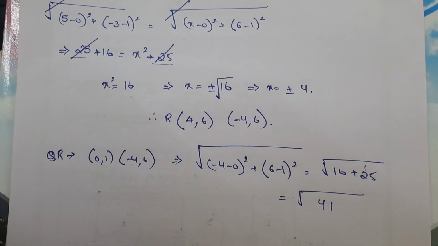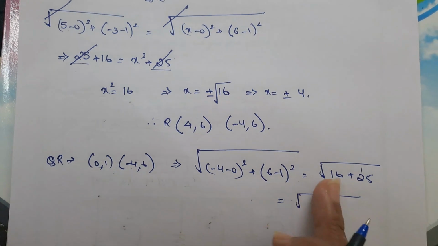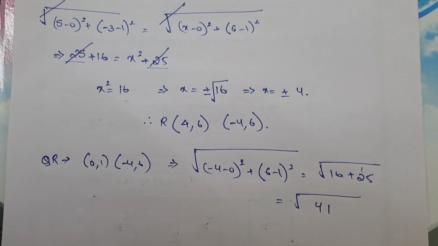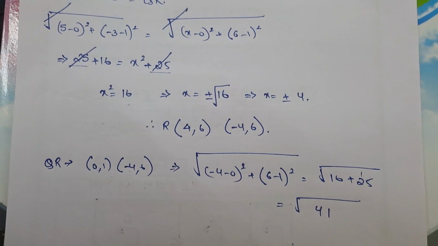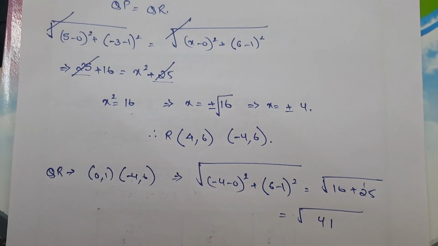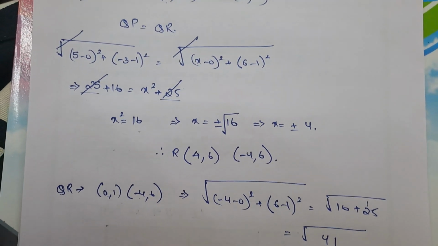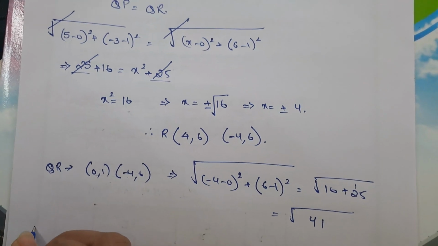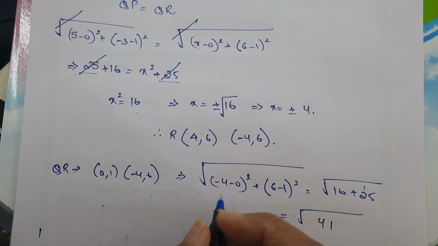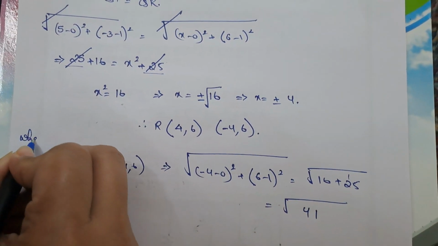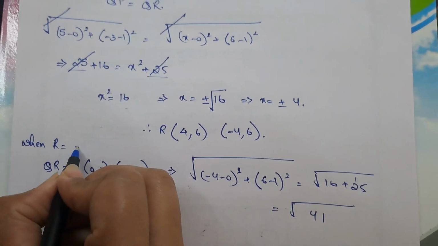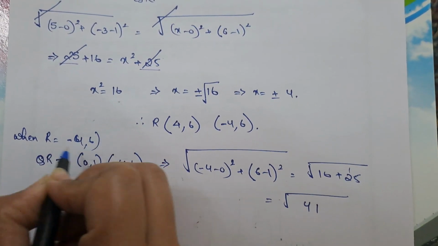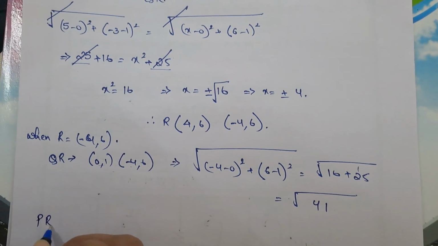Okay, 16 plus 25 is what I get here. This is QR when R is equal to what we have taken, (-4, 6). Then we will find PR.